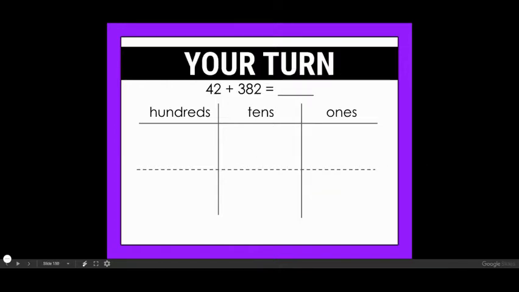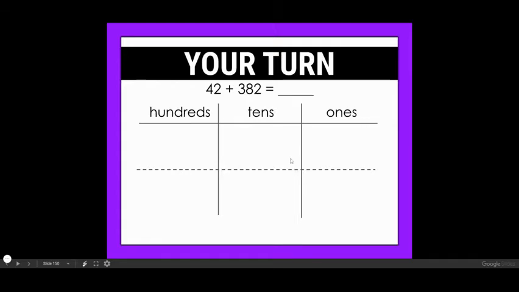So go ahead and draw out your hundreds, tens, and ones chart. Now that you have that drawn, let's put our first addend in our chart. Our first addend is 42. Do you have any hundreds in 42?